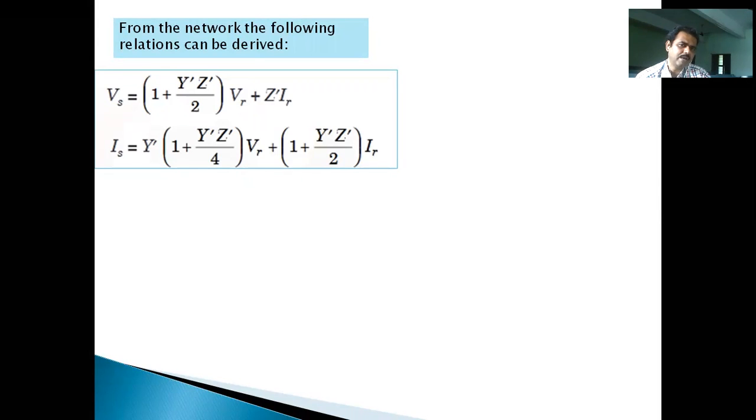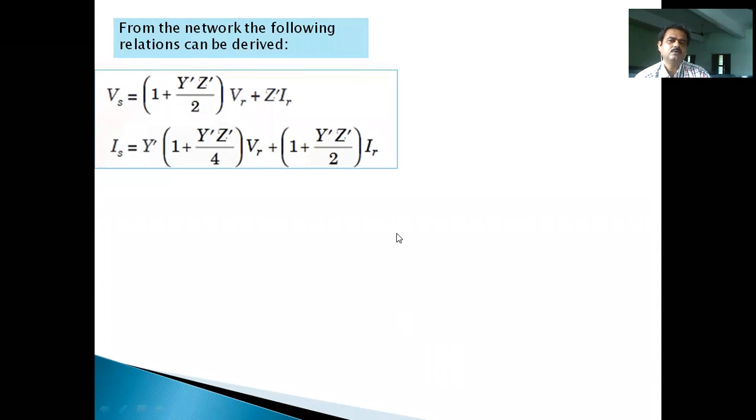For the nominal T model, we derived these equations and obtained ABCD parameters for the nominal pi model. The same procedure we have to follow, but here Y dash and Z dash are the shunt branch admittance and the series branch impedance values.